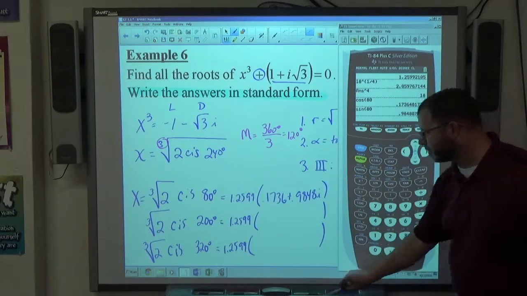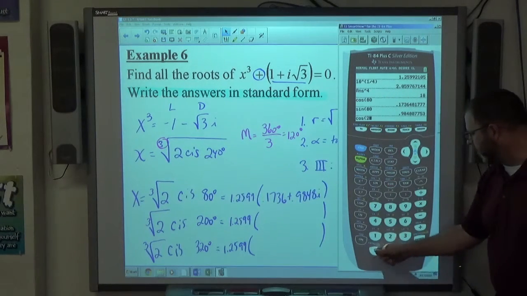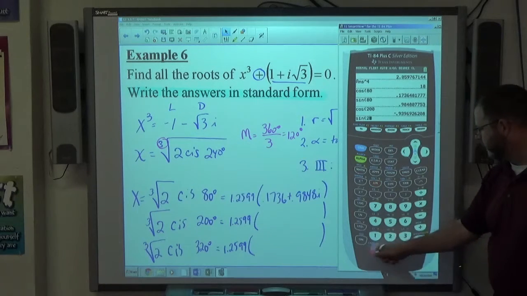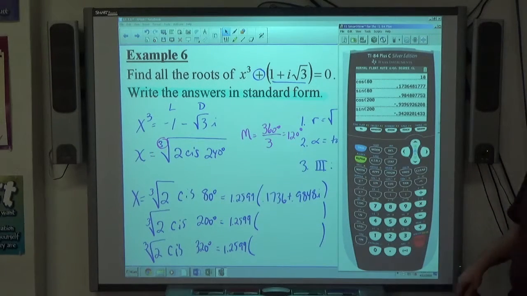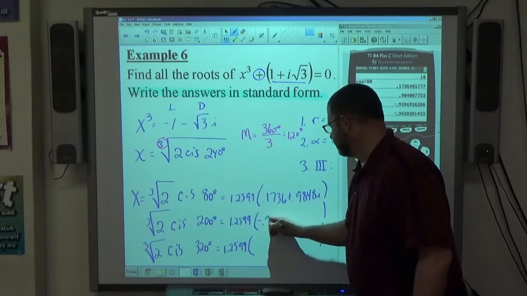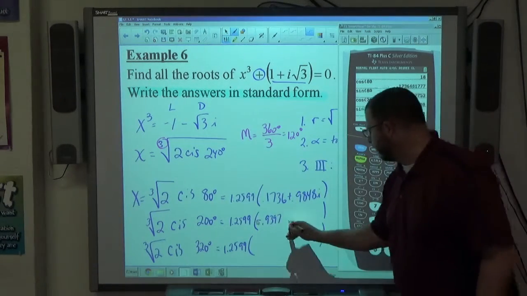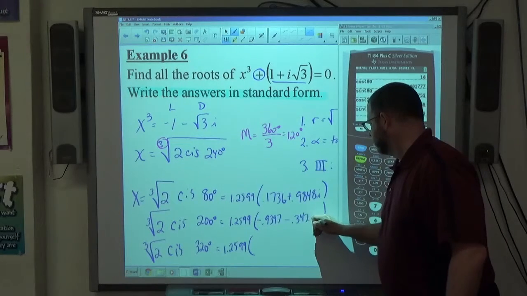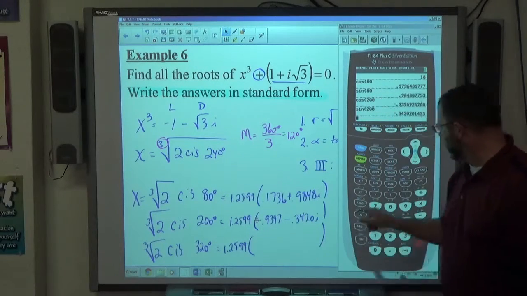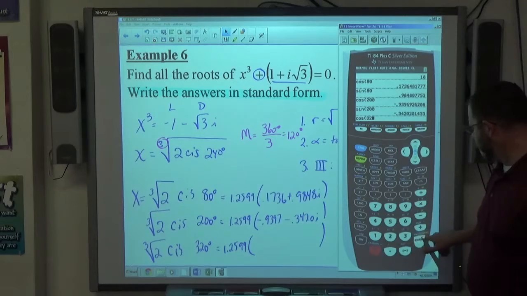Both positive. Okay, I do cosine of 200 and sine of 200. That comes out to negative 0.9397 and negative 0.3420. And then finally cosine and sine of 320.